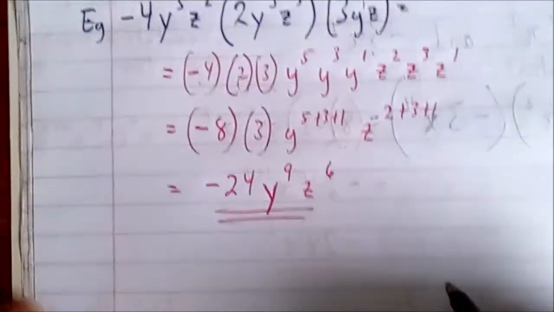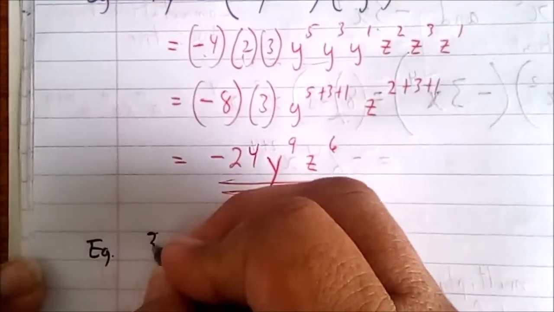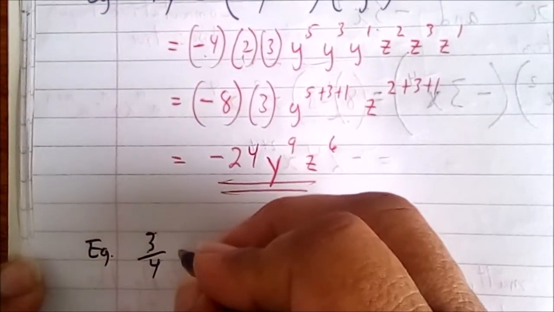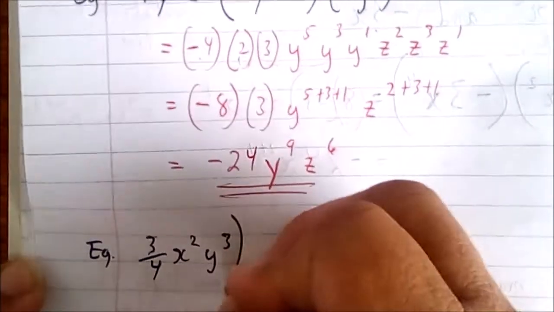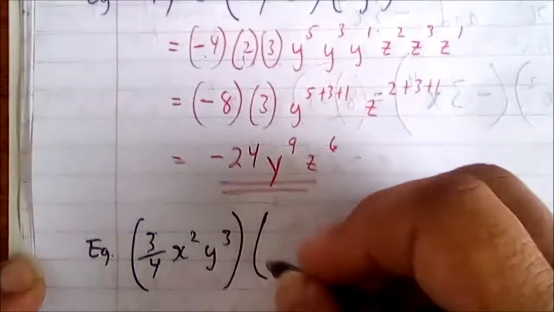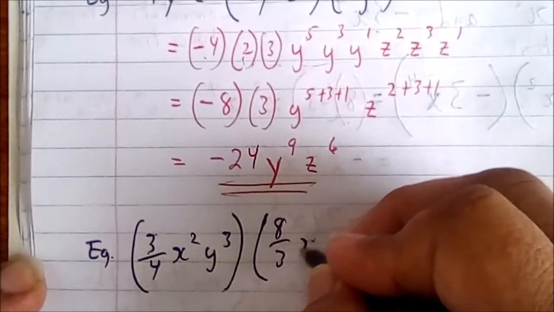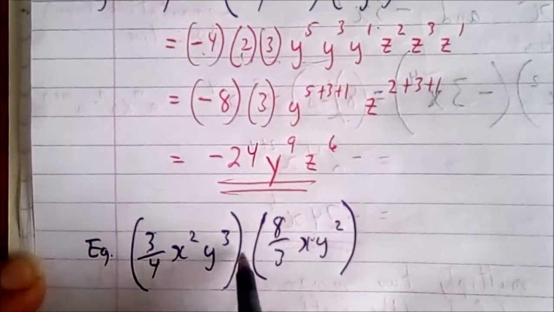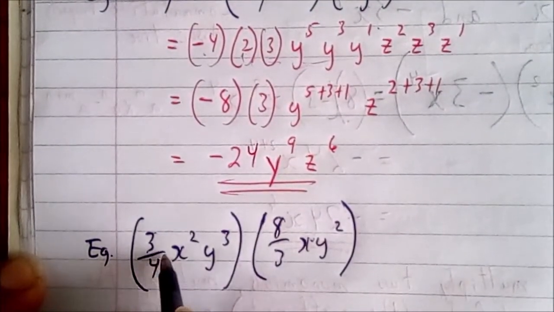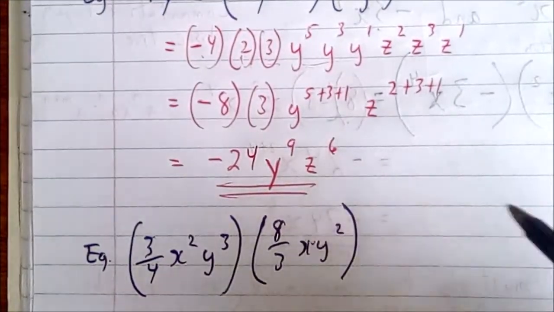Okay, let's do our next example on monomials. We have 3/4 x squared y cubed, open close bracket, times 8 thirds x y squared. Take note that the x and the y are not below the division sign. They are above actually, because they are actually whole values.